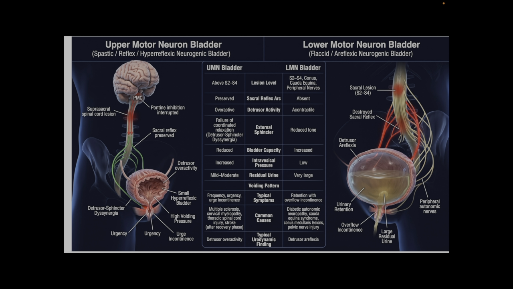First, discussing the upper motor neuron bladder, which is shown on the left. In the upper motor neuron bladder, the lesion is located above the sacral maturation center, that is, in the suprasacral spinal cord.